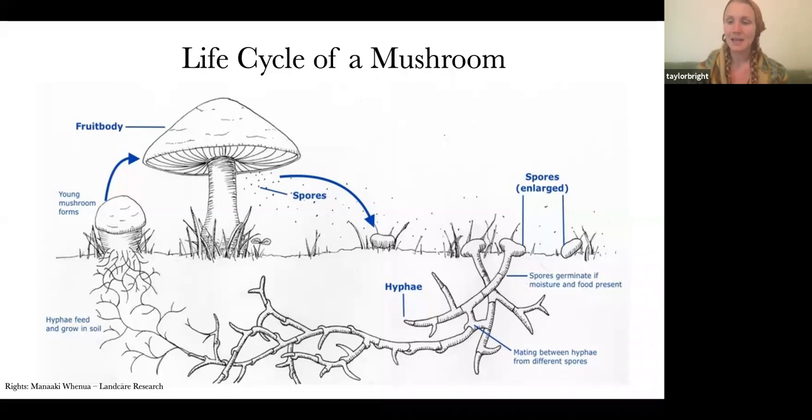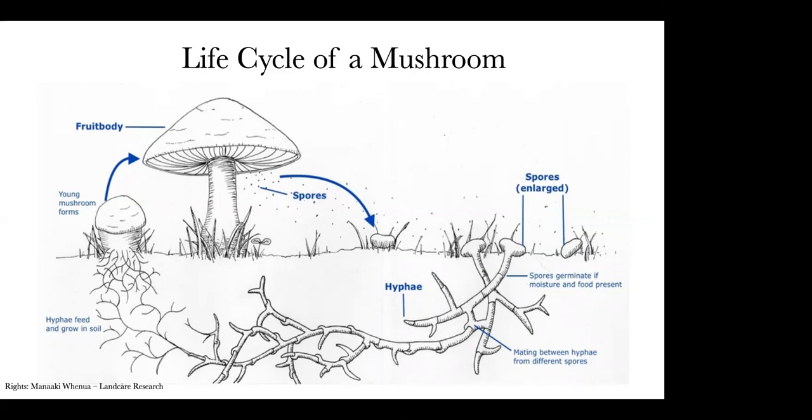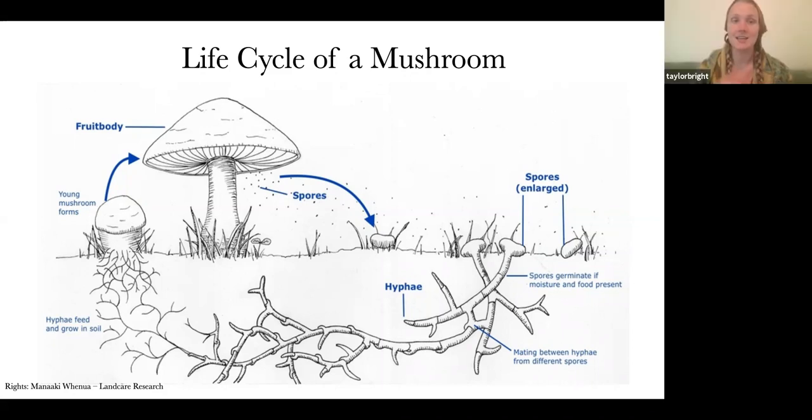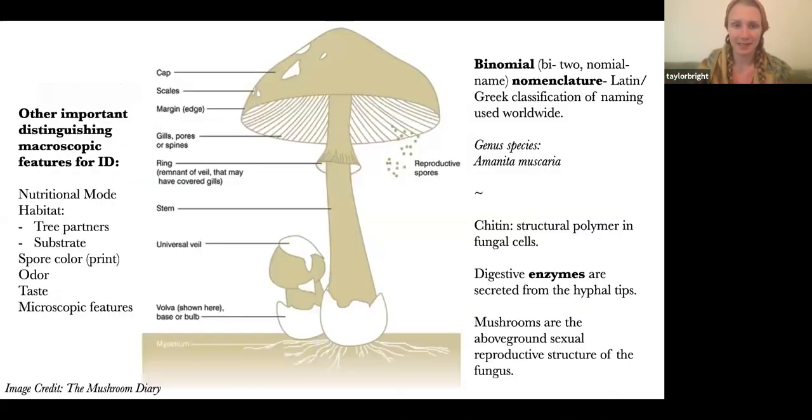But the hyphae, I would compare them more to roots. They are roots. The hyphae is the branching network that's underground. And another word for a stem with mushrooms is stipe. Stem is also known as a stipe.